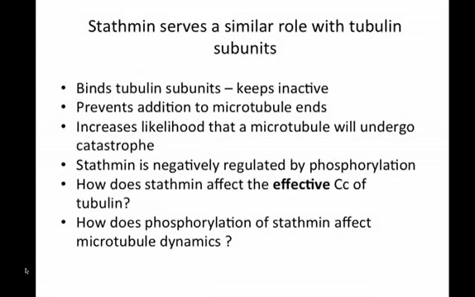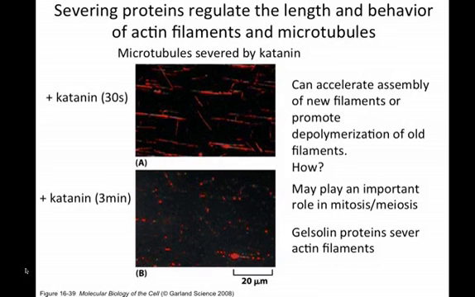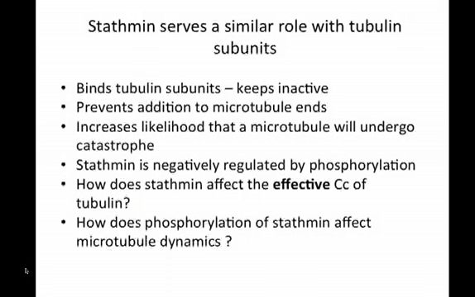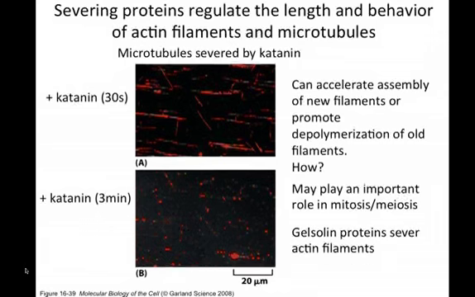Okay, so this is where we ended, with Stathmin serving a similar role. That's a repeat. So Stathmin binds tubulin subunits. What we do is very important, but we already said that.